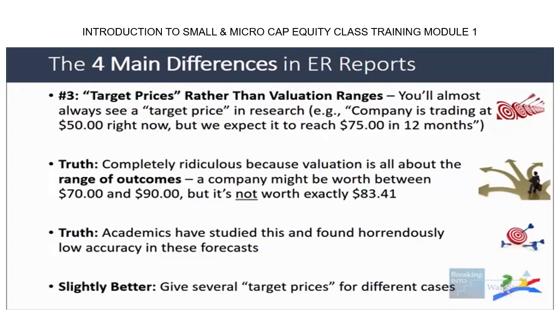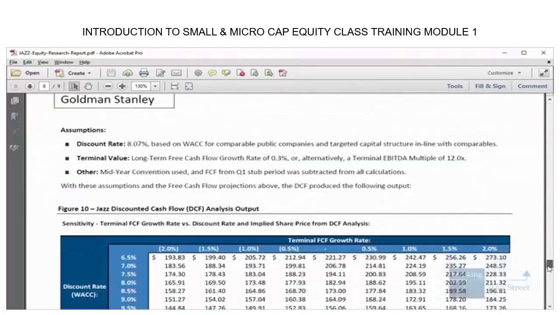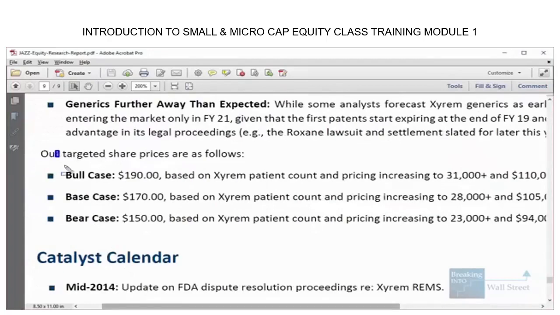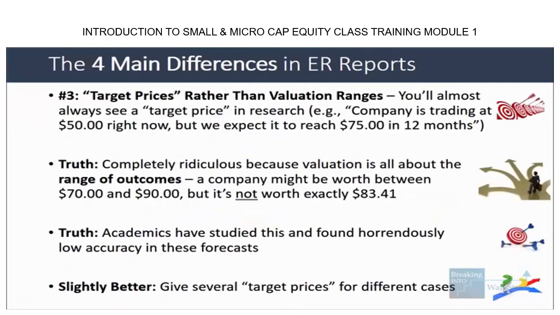It's slightly better if they give several target prices and they look at different cases. This is actually the approach that we take in many of our sample reports, where toward the end, we have something like a bull case, a base case, and a bear case, and we give different target prices in each of those. So that's a slight improvement, but when all is said and done, you really shouldn't be doing that at all. You should always be looking at a wider range.